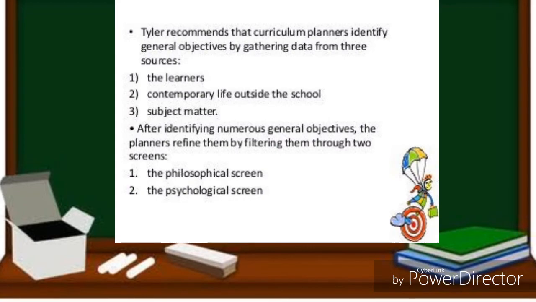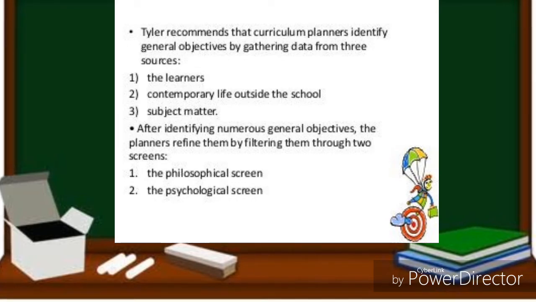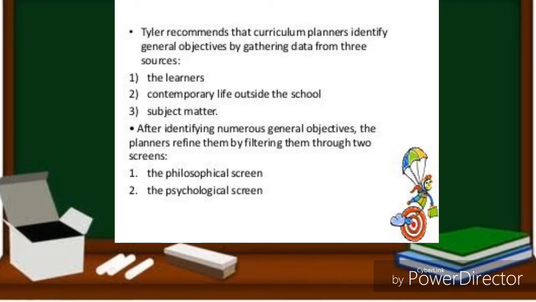Tyler recommends that curriculum planners identify general objectives by gathering data from three sources. First, the learners; second, contemporary life outside the school; and third, subject matter. After identifying numerous general objectives, the planners refine them by filtering them through two screens.